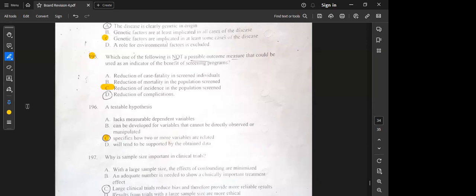The reduction of complication, that usually is a secondary prevention of disease, where we are screening to identify the disease at the earliest. Now, whatever you're talking about, finding hypertension at the earliest and giving the necessary interventions through medications and advice, at that level, that action is called secondary prevention.